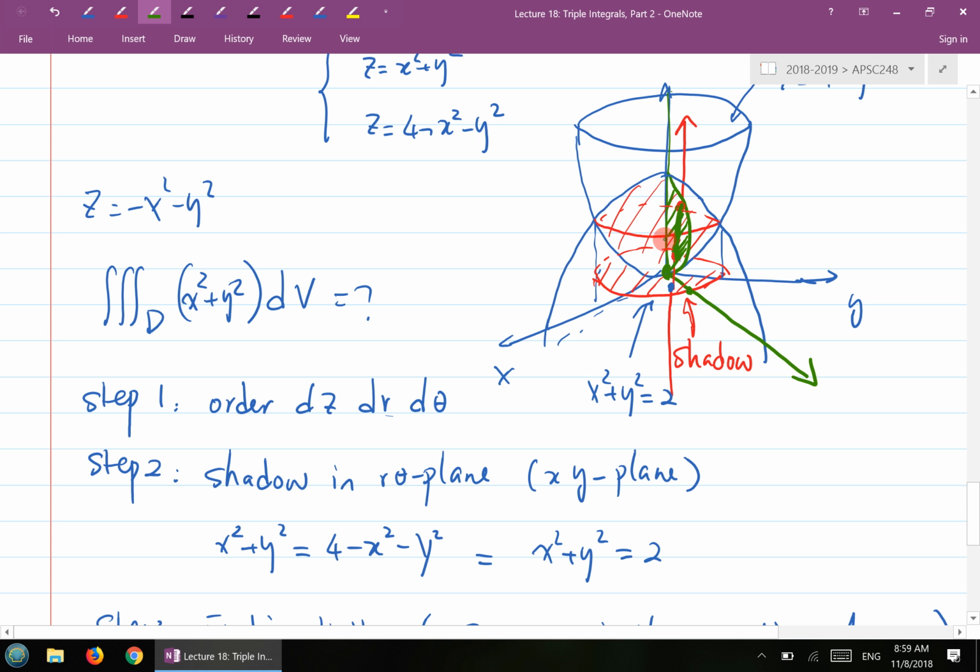However, if you change the order of integration, things could be slightly different actually. So I'll show you an example next, and then I'll show you different orders. Let me give you an example right here.